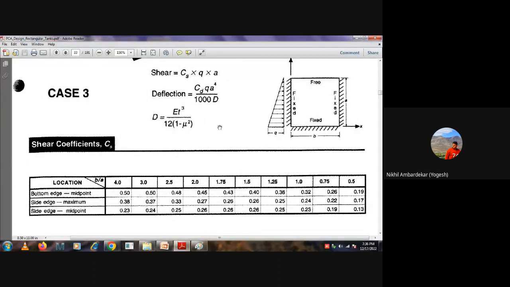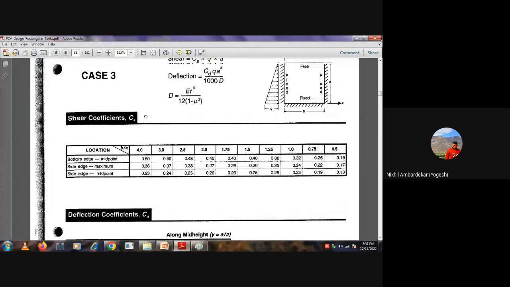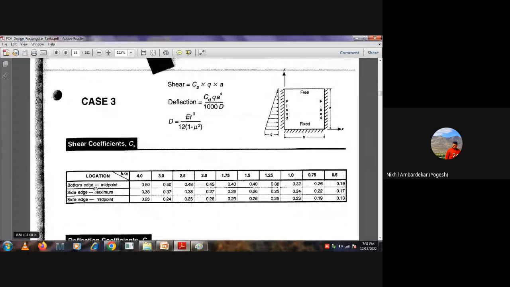And at the top of this, we can see how to calculate the shear force. They have given shear force is equal to CS into Q into A. And we are getting the location also. And these are the aspect ratios, B by A. So what is our aspect ratio?